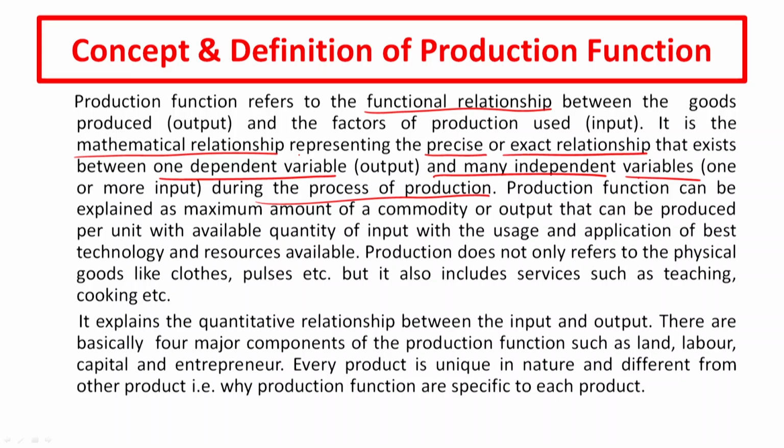Production function can be explained as the maximum amount of a commodity or output that can be produced per unit with the available quantity of input, with the use and application of the best technology and resources available. In simple words, production function means a relationship between input and output.